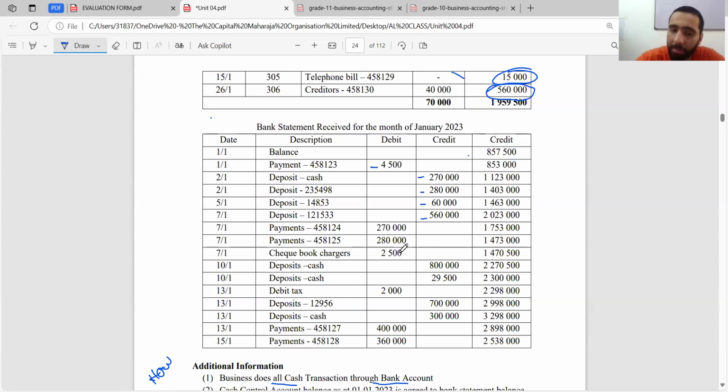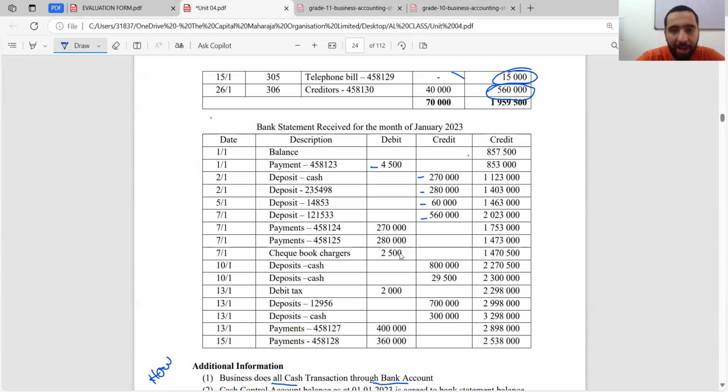If you can find them, please tell me. Just go through the bank statement and see whether this 15,000 and 560,000 is available. No, right? Very simple. So I don't want you to waste your time going through the reconciling items and all. These two things are not available.